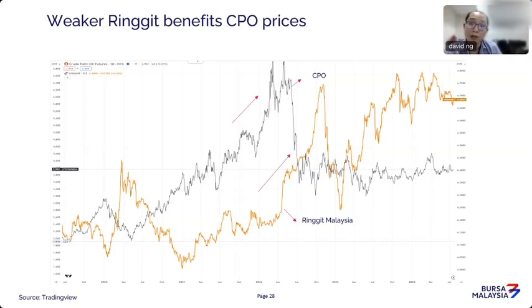But when you have a stronger ringgit, it tells you that there's less competitiveness when it comes to the ringgit denominated CPO contract. So in that sense, demand will be affected.